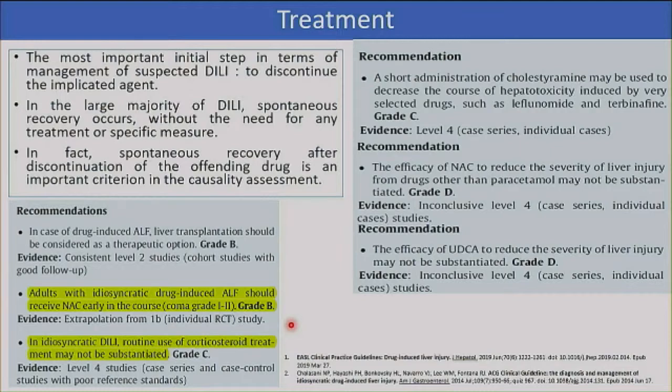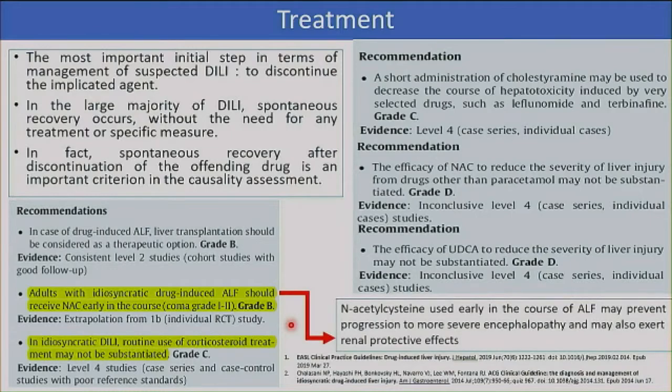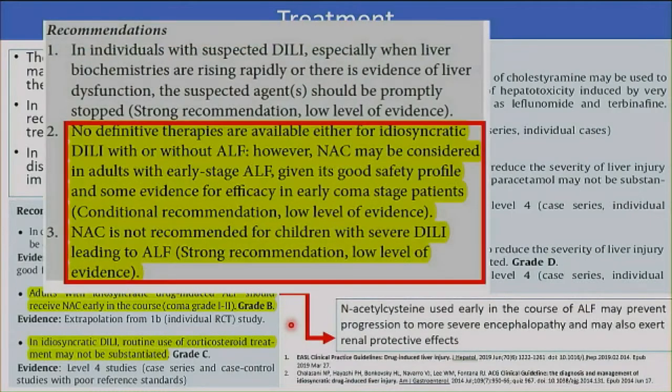And for the treatment, here we can see that for idiosyncratic DILI, we can give NAC, acetylcysteine, and sometimes corticosteroid can be used, but this is not regular use. Actually, no definitive therapies are available for idiosyncratic DILI with or without ELF.